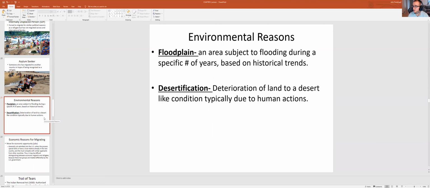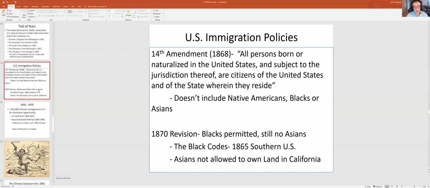If you live in the San Marcos area, then you know San Marcos has severe floodplains, right? But also desertification, the deterioration of land, right, into non-arable land. And from chapter 1 or 2, we covered that. Arable land means the amount of farmable land, and that's typically lost due to human action, right? Overfarming, overdevelopment, right?